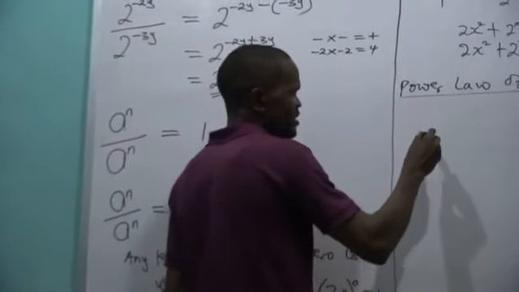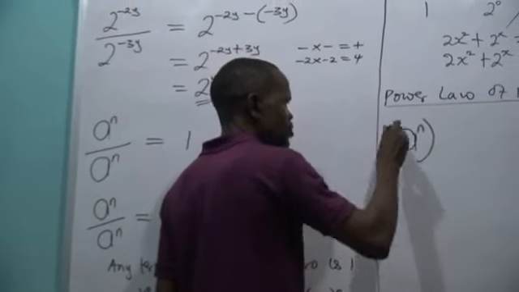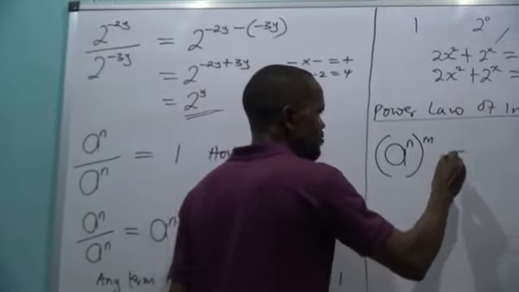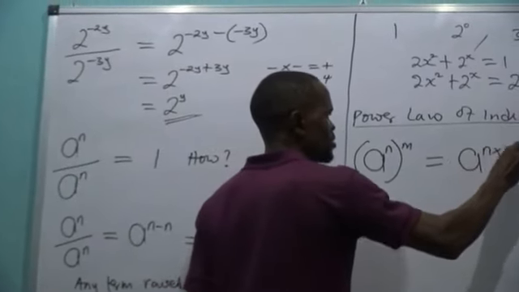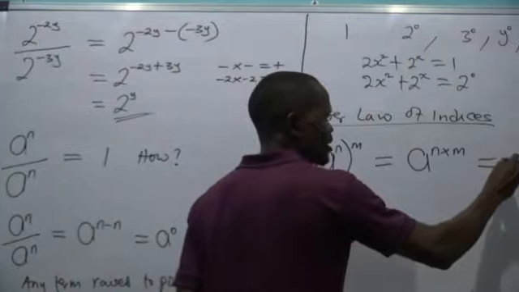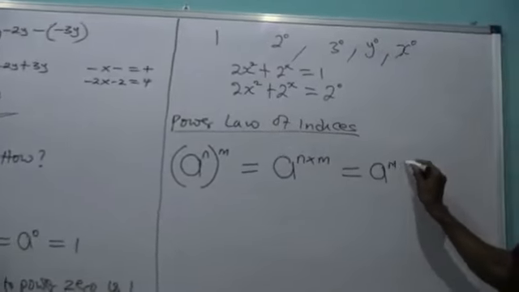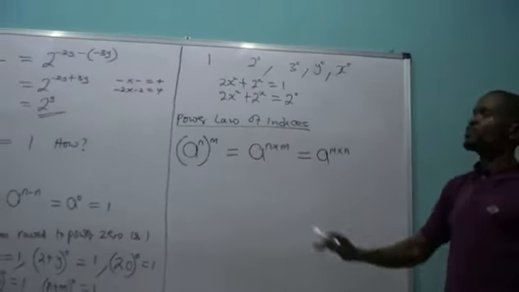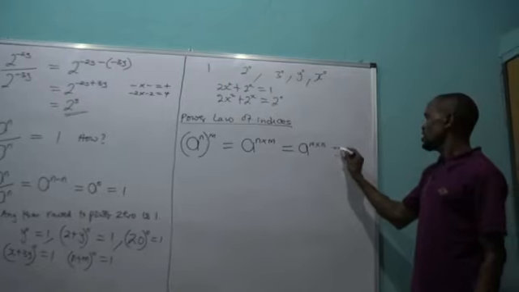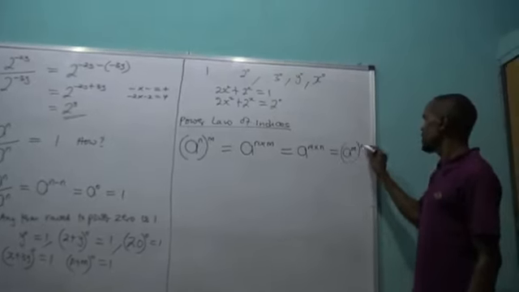What does the power law of indices say? It says that a raised to power n, or raised to power m, can be given as a raised to power n times m. And it can be given as a raised to power m times n. Remember, this can times this way, this can times this way. It's a material deposition. And this can be written as a raised to power m, or raised to power n.